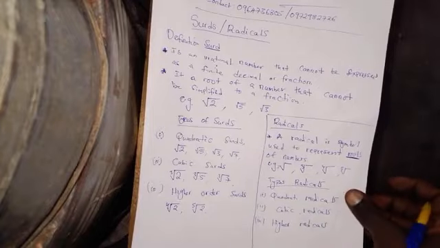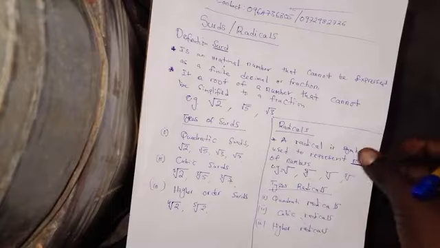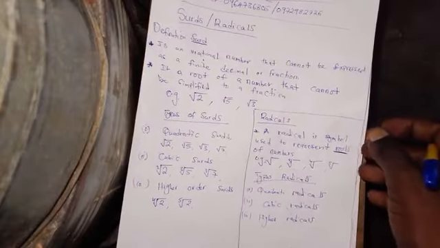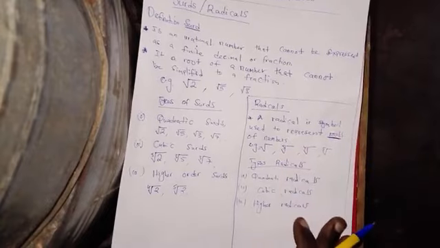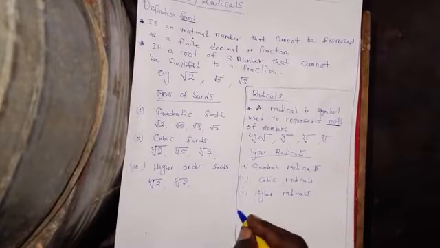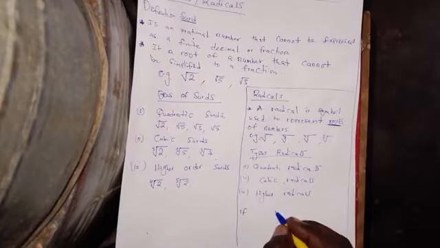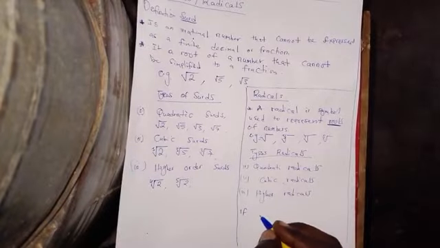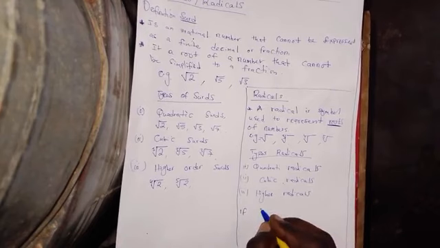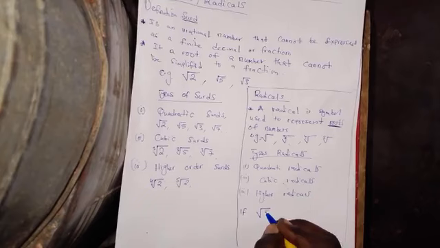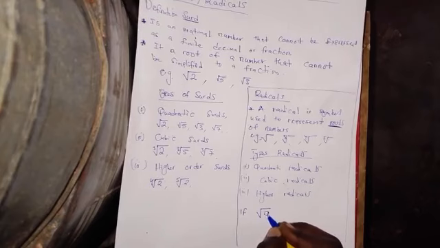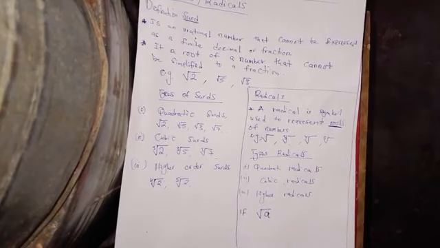Now, if I write a radical number, or a surd, in the form of the square root of a, remember a represents the number under the root.